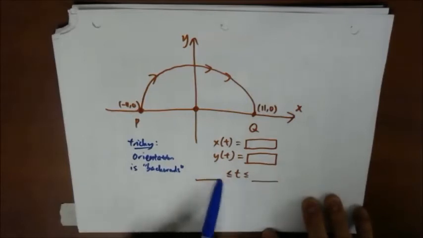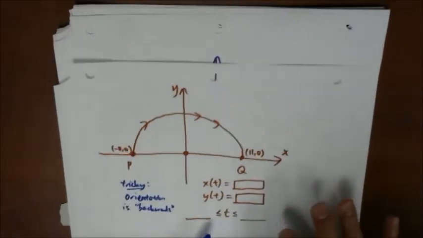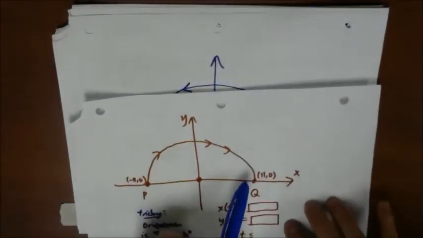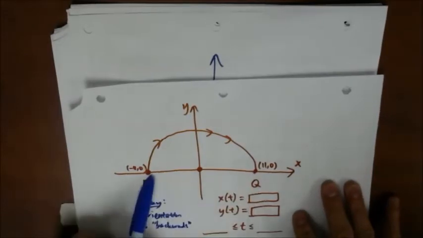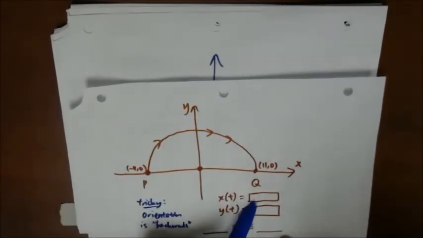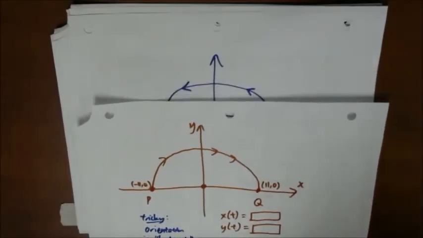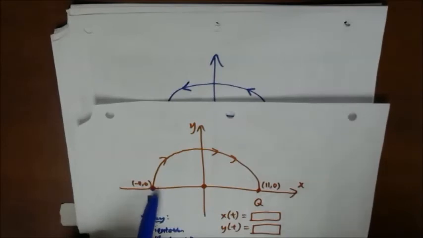But in this picture, that's not what you want. Whatever you start t with, and I suggest 0, plug into the previous formulas and you'll get the point over here, which is not the one you want. You want the point over here. So you're going to have to modify one or both of these in order to get that. Take a look at plugging in t is 0 to try to obtain this point.